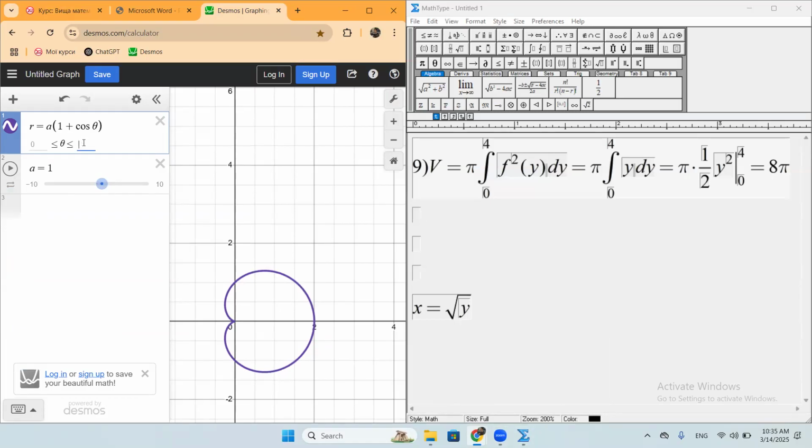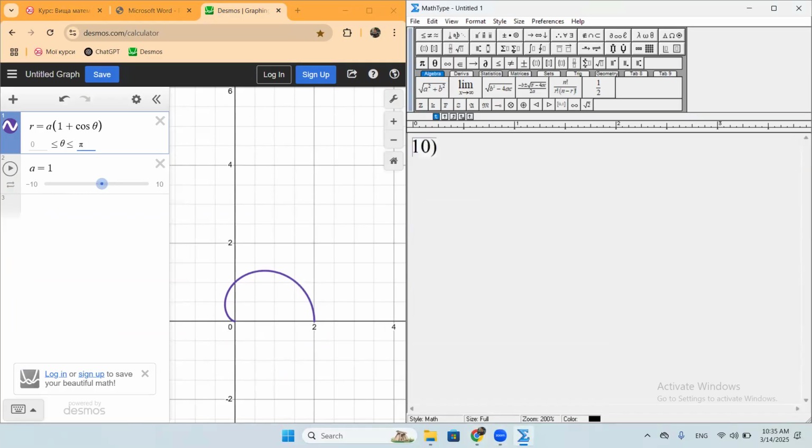So if we specify theta from 0 to pi, the formula is the following for polar coordinates.